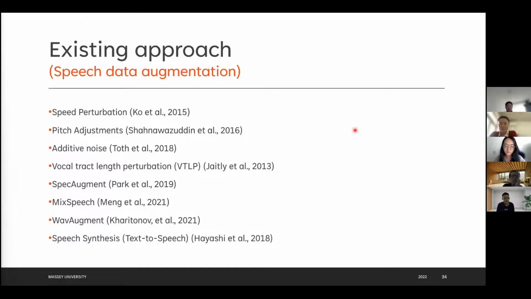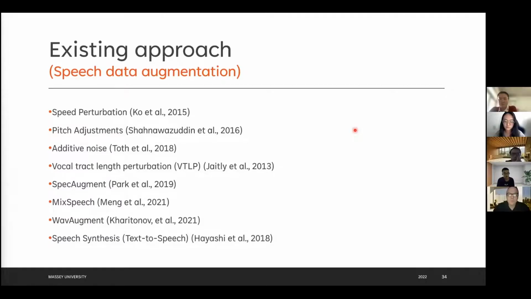In additive noise, we just add noise so that a model can be more noise robust and have more generalized accuracy. Then there are some other algorithms based on warping a signal, for example, vocal tract length perturbation. And then there is SpecAugment.